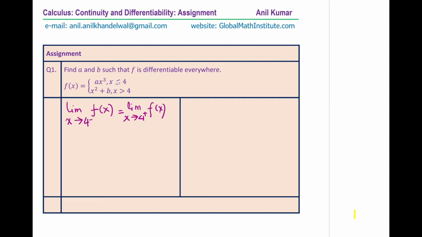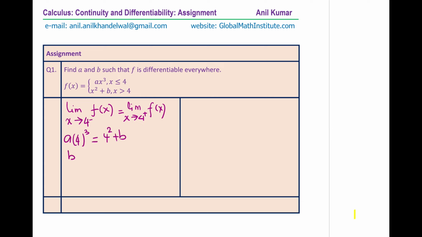So we substitute 4 here to find the limit at 4. We have a times 4 cubed, which should be equal to 4 squared plus b. Now we can solve this equation and we'll have our first equation.